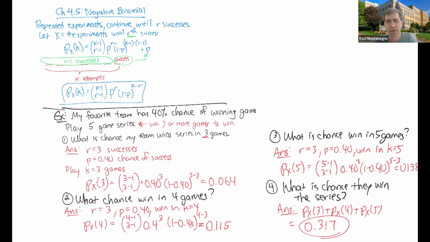Now let me make one final observation from this before we call it quits. So normally we don't think of one game as a series, but let's just pretend that it was. If I said we play a 1-game series, then what is the chance my team wins that 1-game series?